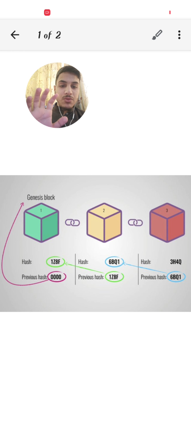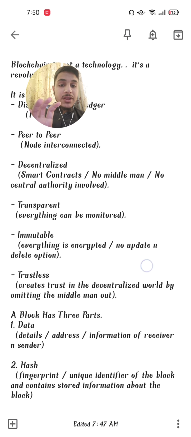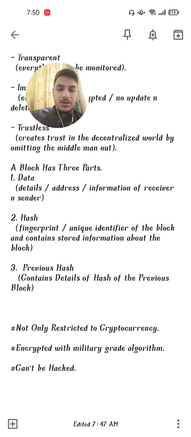That's why it's the safest way, and it can't be hacked. There are some other points that I've mentioned here: it is not only used for cryptocurrency, it can be used for many other purposes.